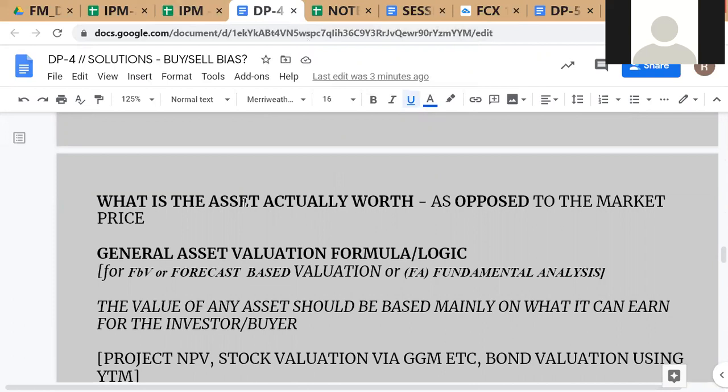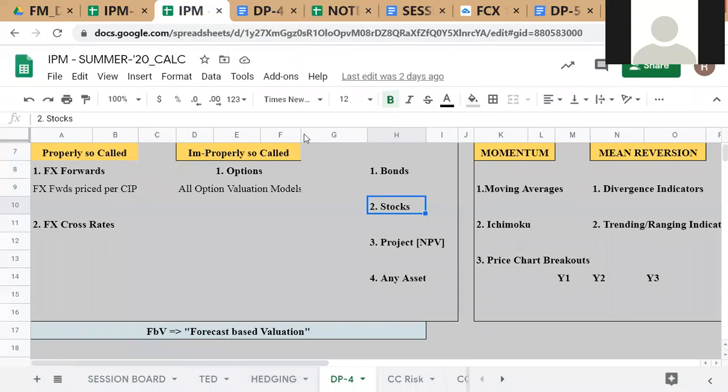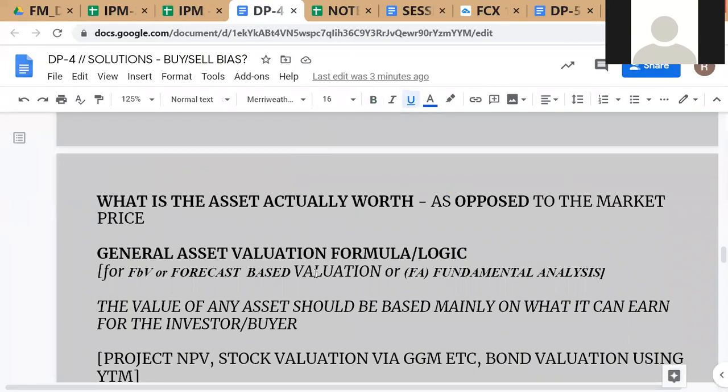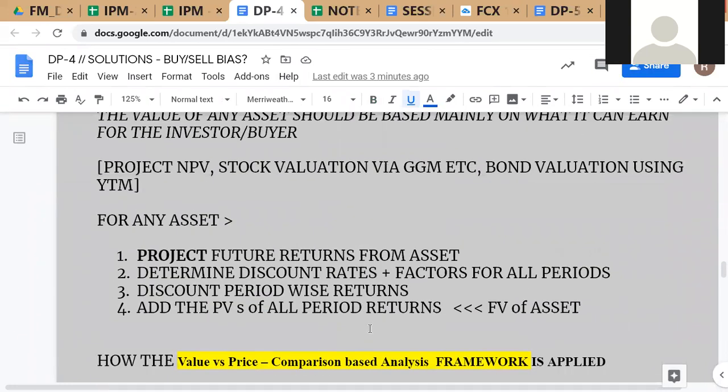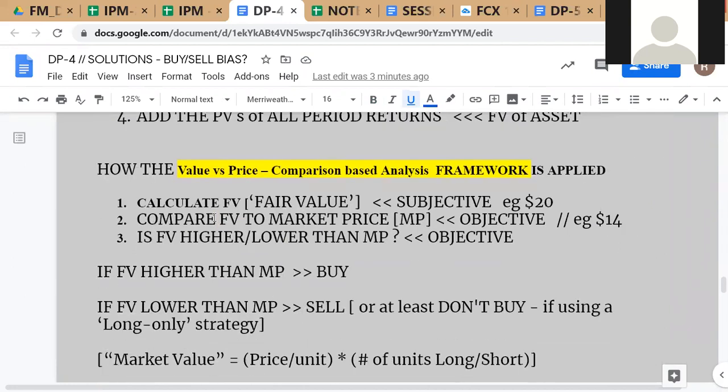You use this kind of generic asset valuation model and come up with a fair value estimate, which is subjective. Very important to remember, this is subjective, so you should not rely too much on it, because it may well be wrong, and different people have different estimates.